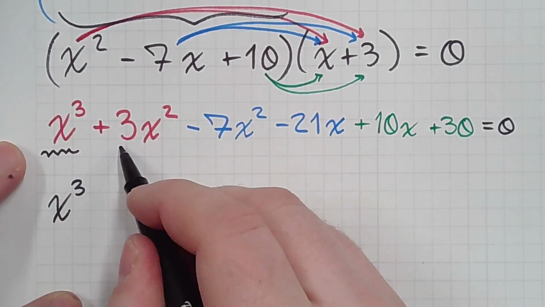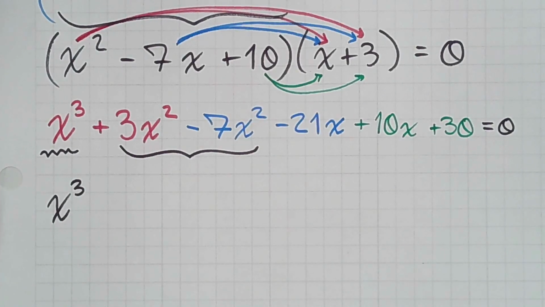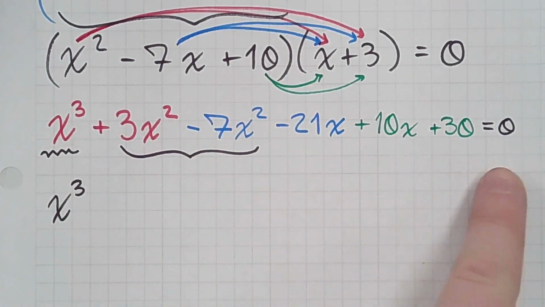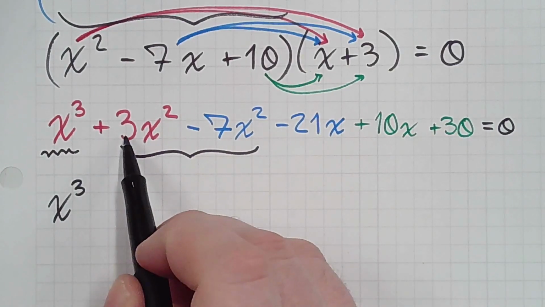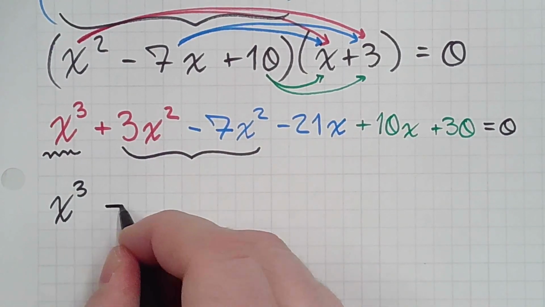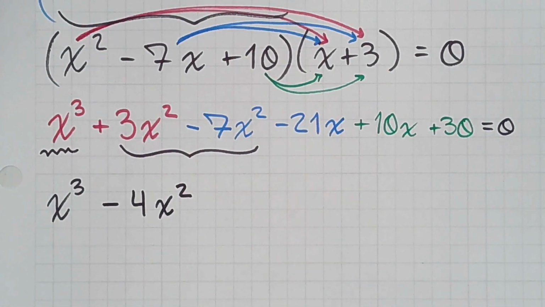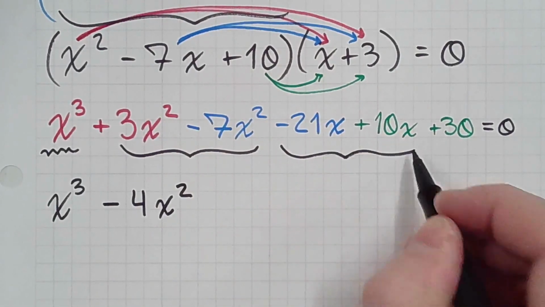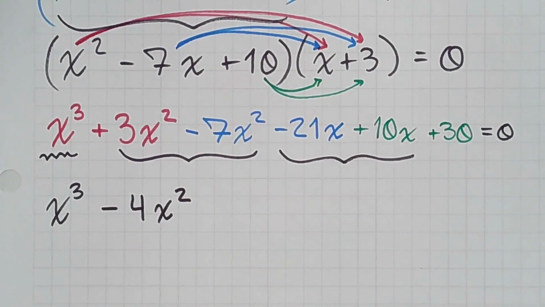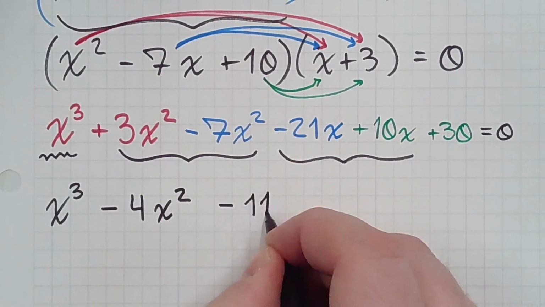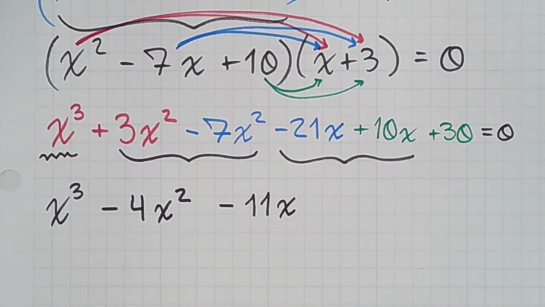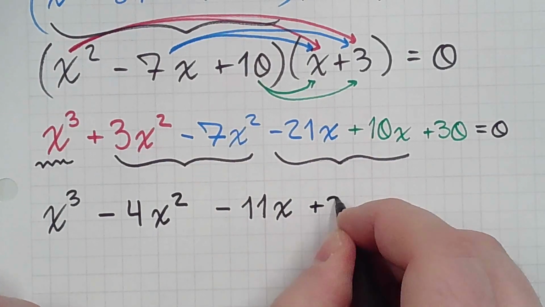But you'll notice here we have pairs of x squareds, right? There's no other x squareds in the problem. 3x squareds minus 7x squareds is negative 4x squareds. Here, of course, are a pair of x's, right? Negative 21x's plus 10x's, that's negative 11x's. And then, of course, we have a plus 30, which is kind of all on its own.